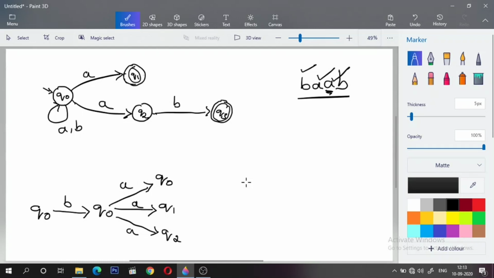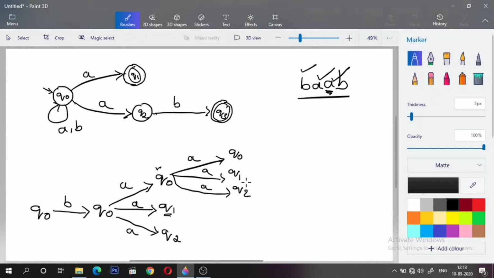So Q0 upon A, again 3 possible transitions. I can remain in Q0, I can go to Q1, or I can go to Q2, right? What about Q1 upon A?